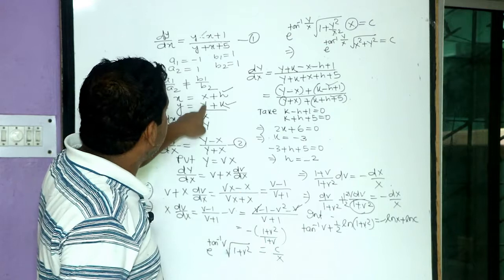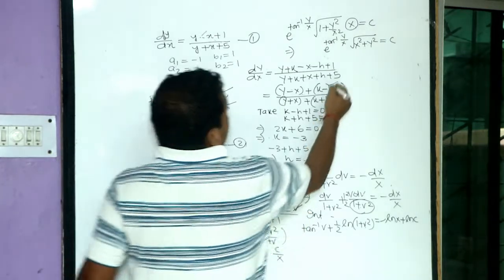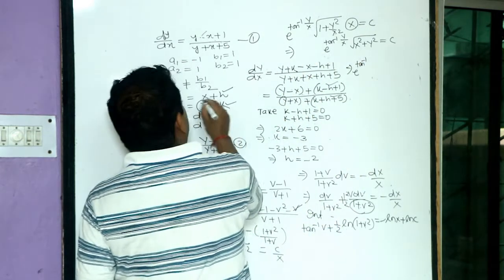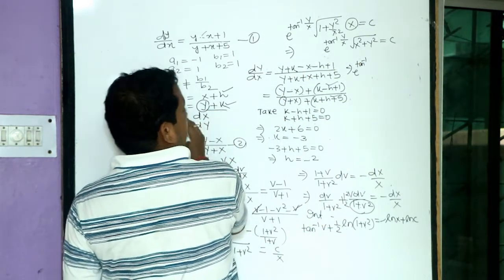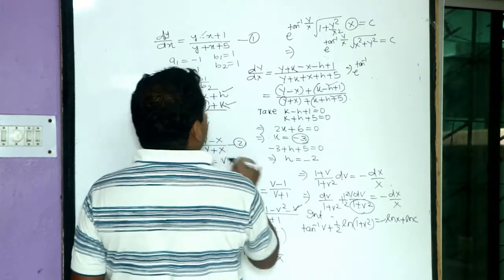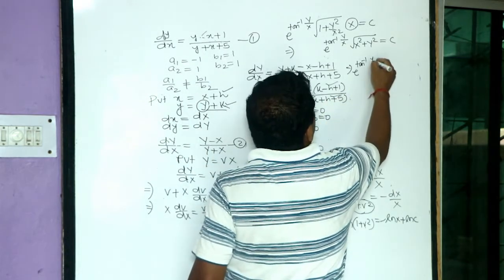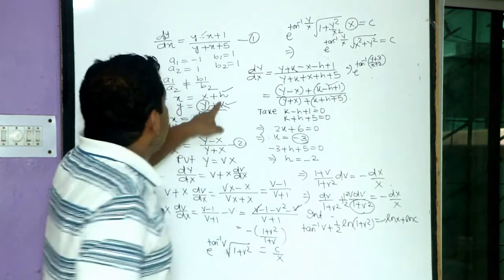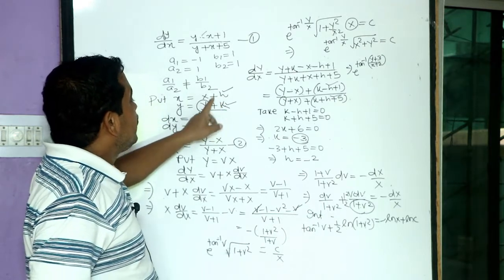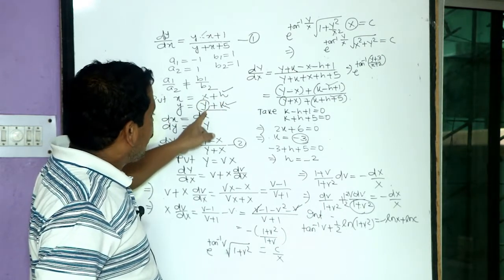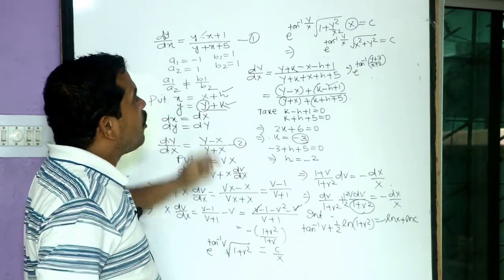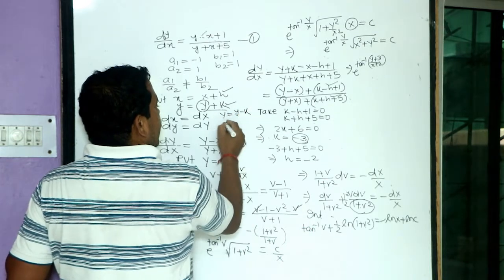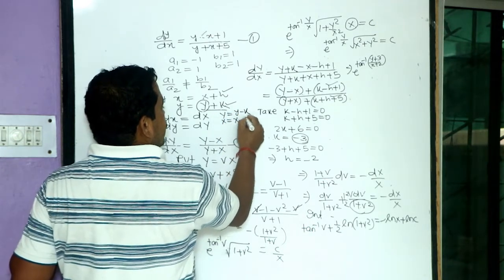Then we have to convert capital X and capital Y to small x and small y. That will be e to the power tan inverse, and instead of Y we have to take y minus k. K is here minus 3, so that will be y plus 3 by x plus 2. You have to put here the values of h and k. Here capital Y is y minus k, capital X is x minus h.